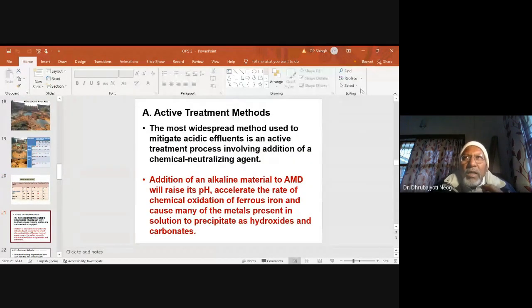Then comes how we can take care of acid mine drainage. Since acidity is the main problem, we can treat acidity by alkaline material.